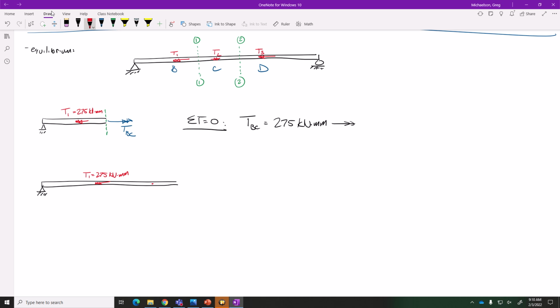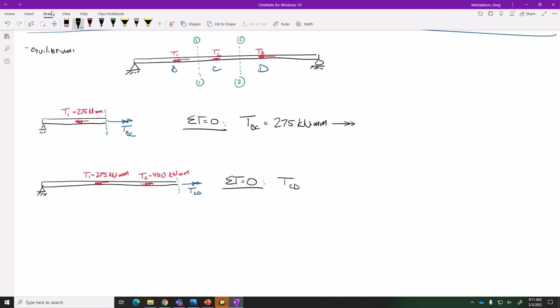Then I've got T2 right here, 450. And here's my section cut. But now I've got TCD. And so if I sum torques, what do I have?